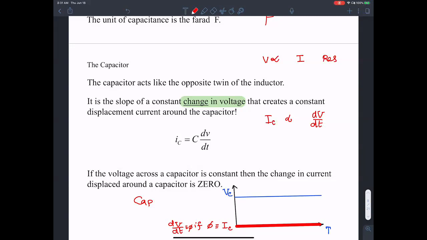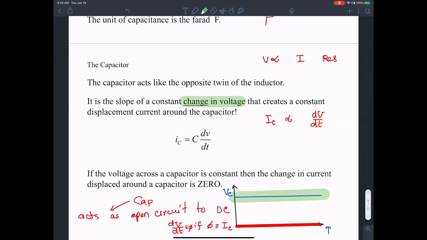So the idea that you want to remember is capacitance acts as open circuit to DC. Okay, DC is simply a non-time varying constant voltage.